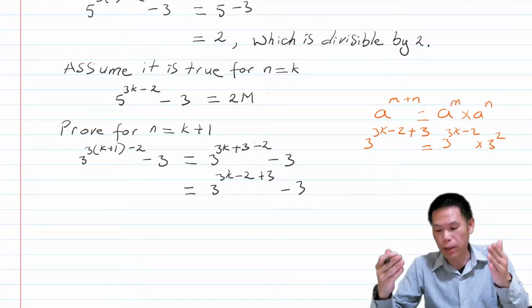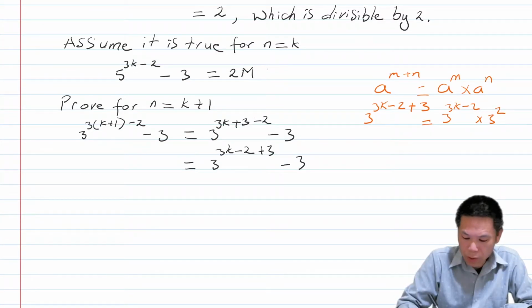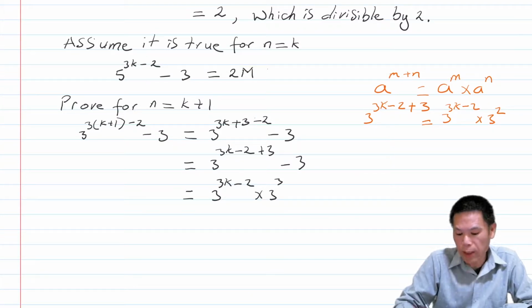That's what that meant. So now I just split it out, which gives me 5 to the power of 3k minus 2 times 5 to the power of 3. And this is minus 3 out.